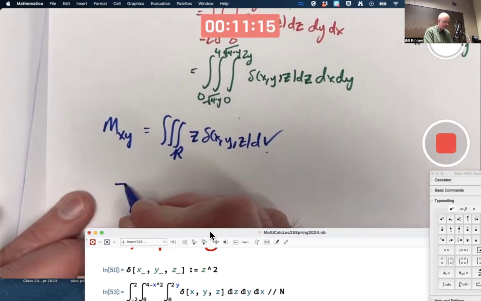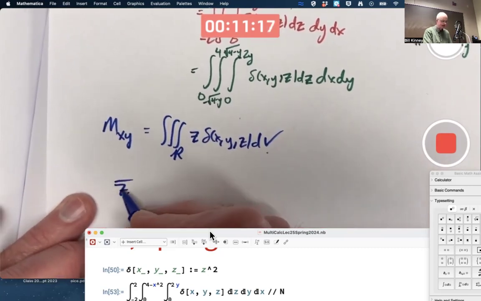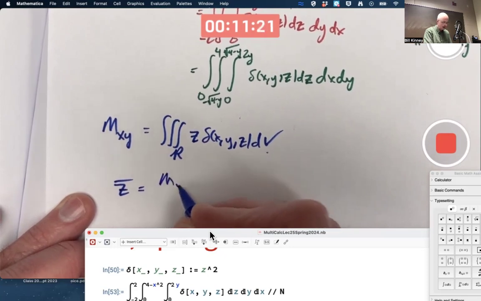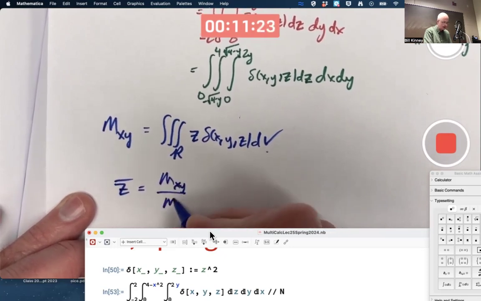And then z bar would be mxy divided by m.